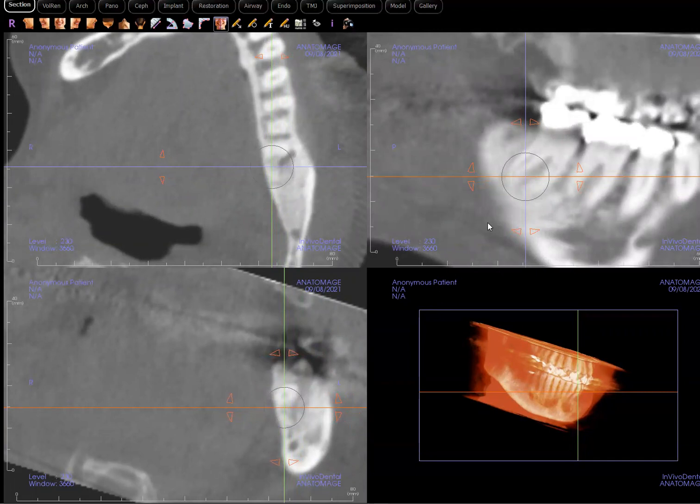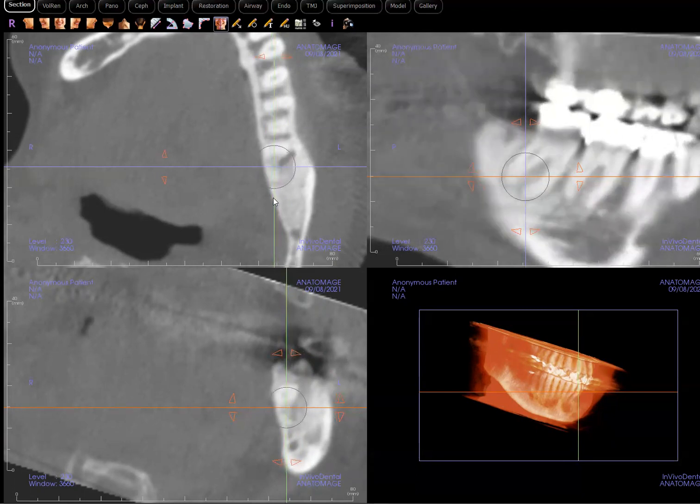That's really, really cool. Normally, I don't get to always see the course of the neurovascular bundle, but since we have very sclerotic graft material, it's allowing us to better visualize it. That's really, really cool, by the way.